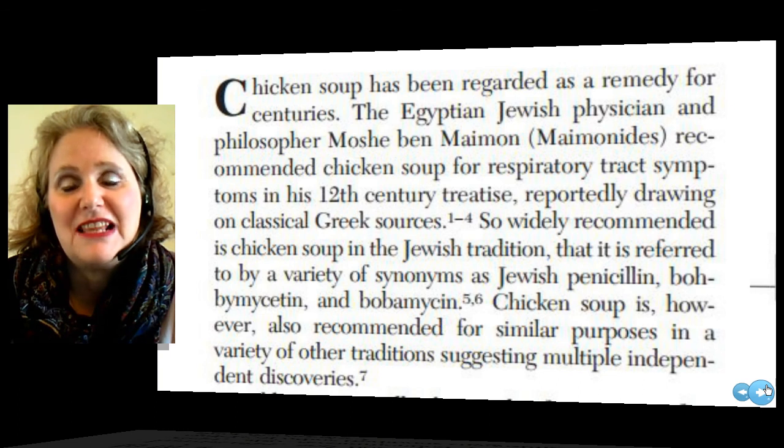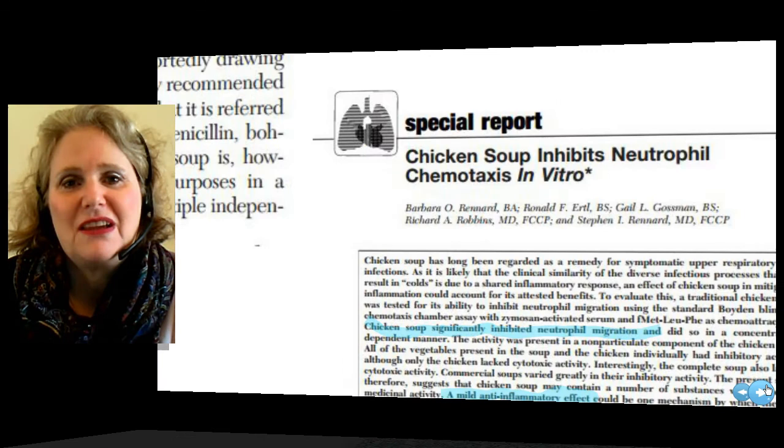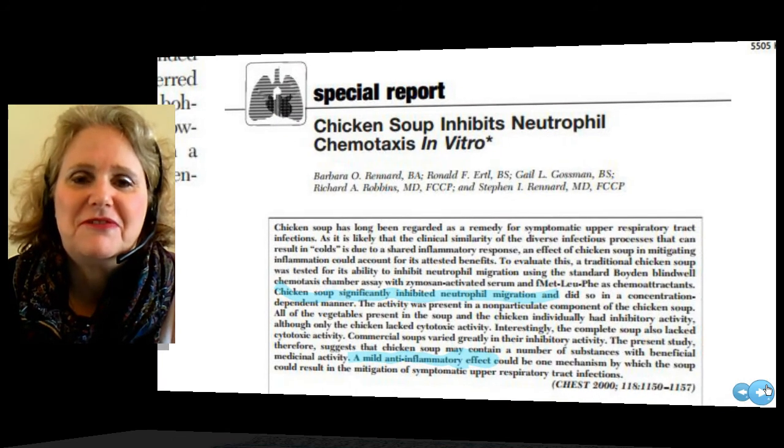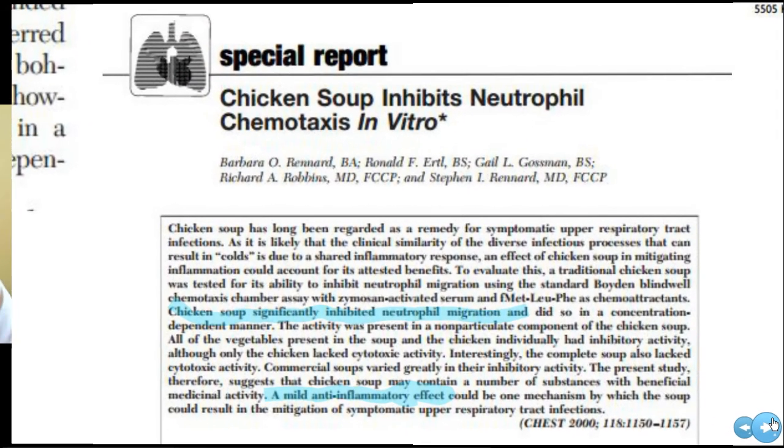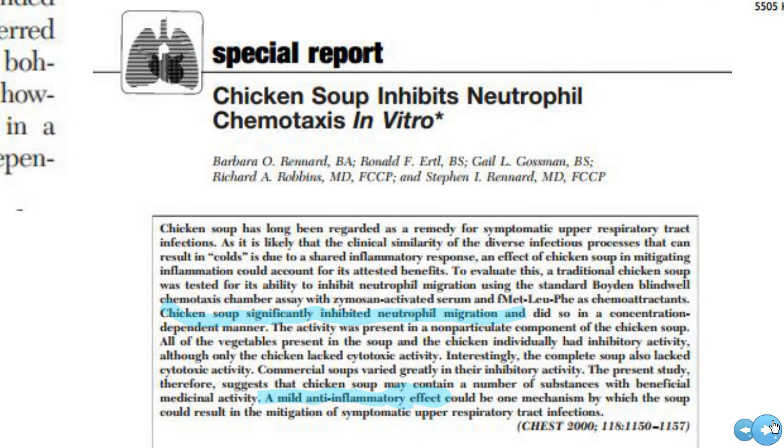It's not just legend or anecdotes, however, that say chicken soup is good. In 2000, a group of physicians in America actually sat down and decided, okay, we're going to test chicken soup and see if it really can do anything. And they lined it up on a standard laboratory assay that is used to measure neutrophil activity, and they used their grandma's chicken soup recipe, and they published the recipe in the journal article.